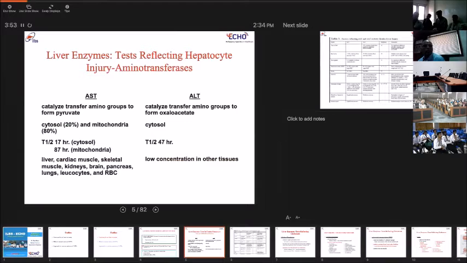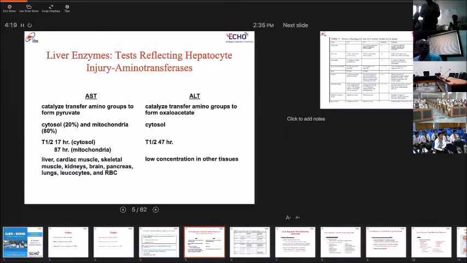So coming on to the liver enzymes, the tests that indicate hepatocyte injury are the aminotransferases. They are two: aspartate and alanine transaminases. They catalyze the transfer of the amino group to form oxaloacetate and pyruvate respectively. AST is present in both cytoplasm and mitochondria, and ALT is predominantly a cytosolic enzyme.